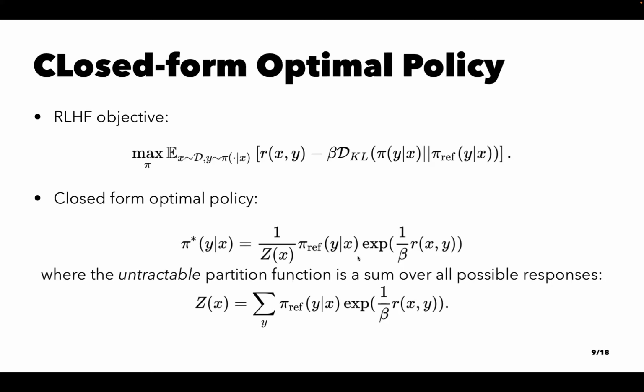It's a function of your reference model, the model that you want to stay close to, and the reward function, and this Z term. Now the Z term is an intractable partition function. Essentially, it's the sum over all possible completions given the prompt.